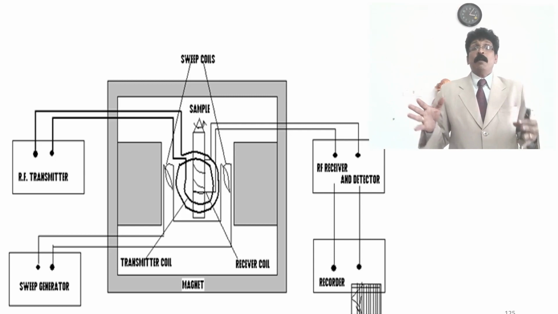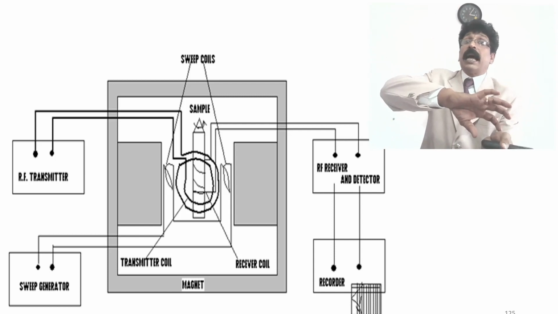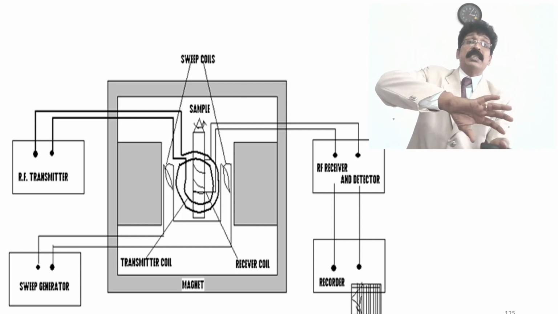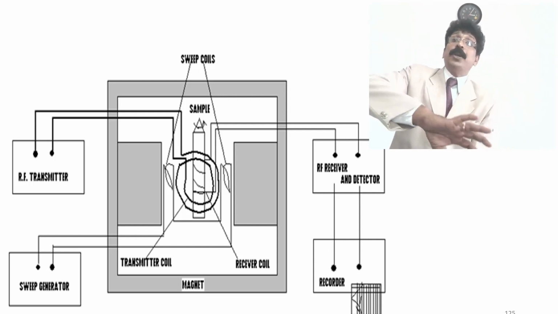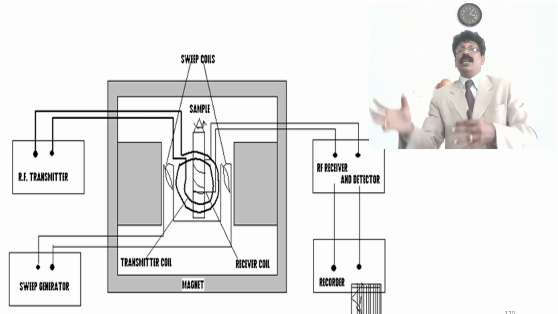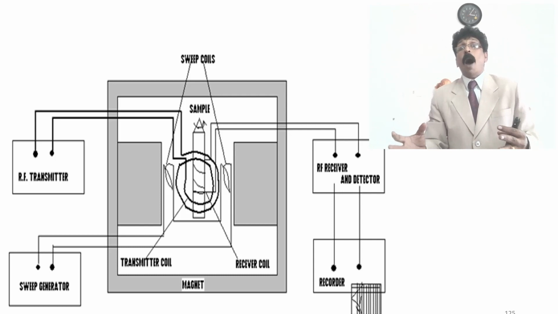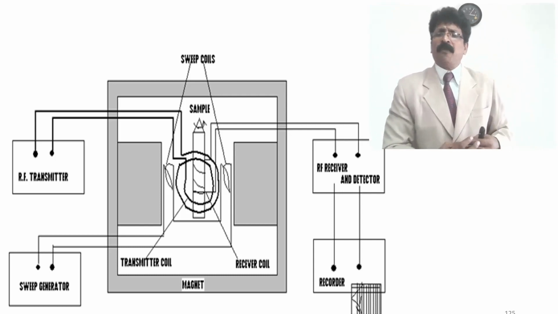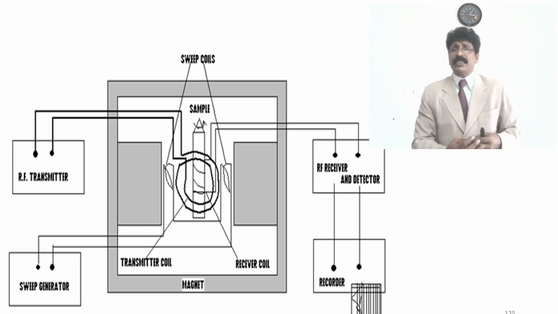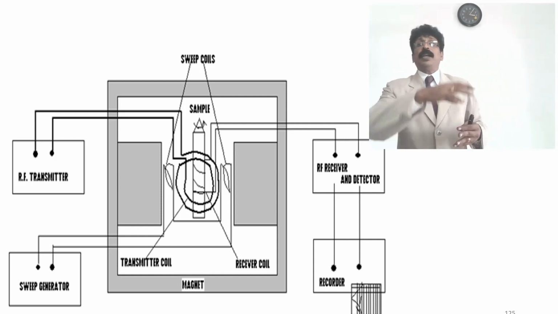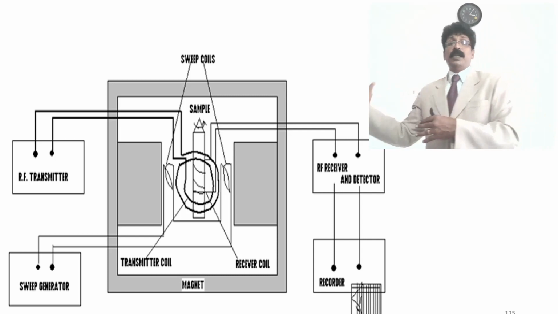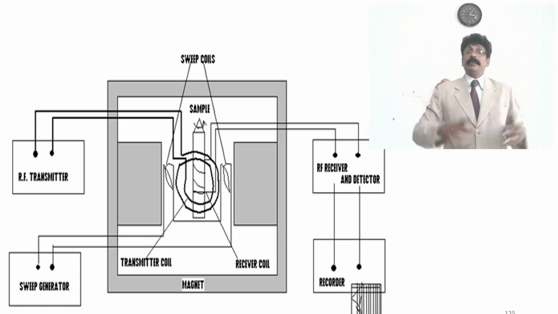After this radio frequency which you applied, a new radio frequency, a change in the radio frequency, will be produced by the sample according to the number of atoms which you are interested in detecting. That will give you the impulse, which can be detected and recorded, and the impulse can be obtained as a spectrum.